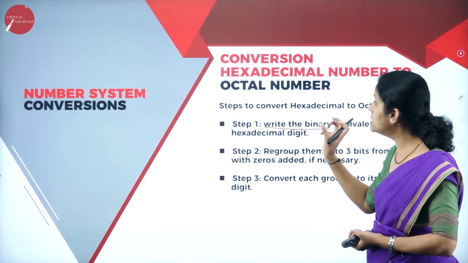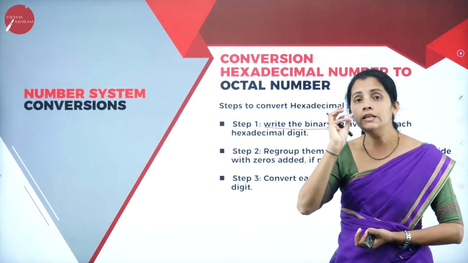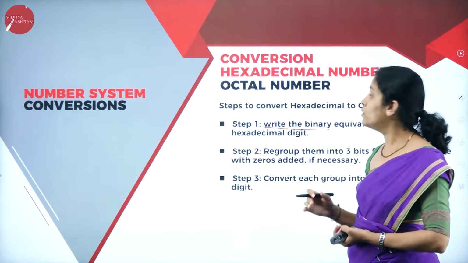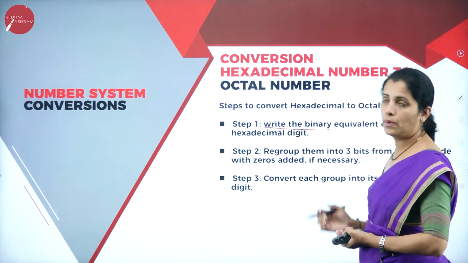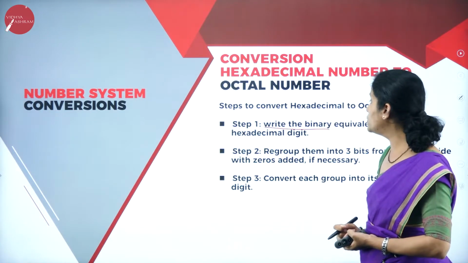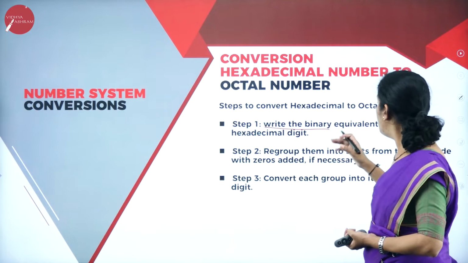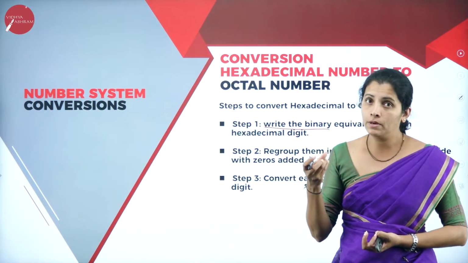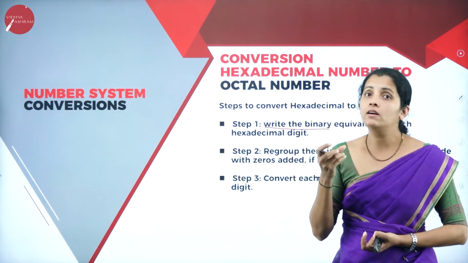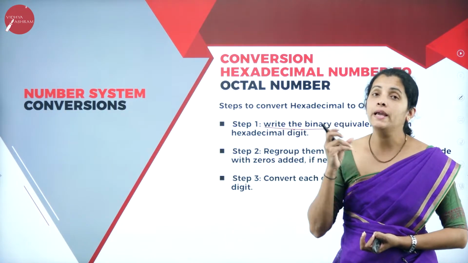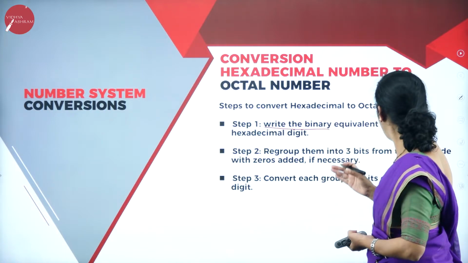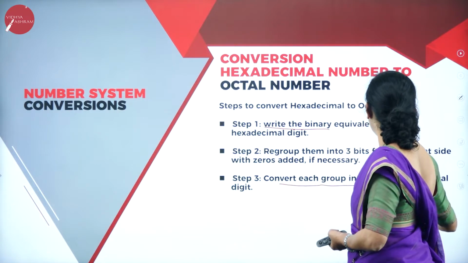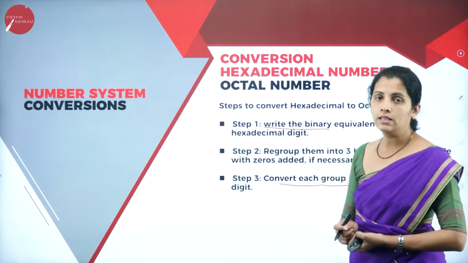First, I consider each individual digit from the hexadecimal number, and for that, I write the binary equivalent. Then I'm going to regroup the bits. To make an octal number, I'm going to pair them in groups. Each group includes 3 bits, and convert each group into its equivalent octal number.